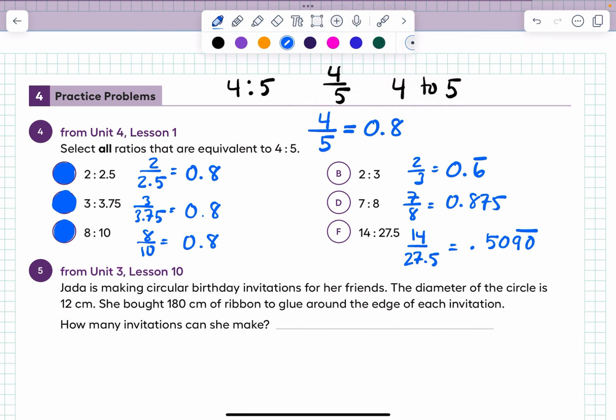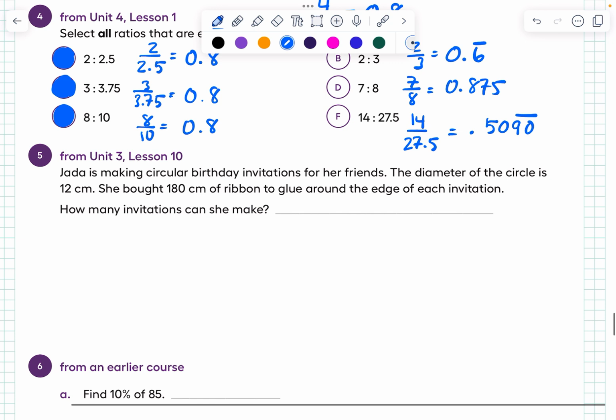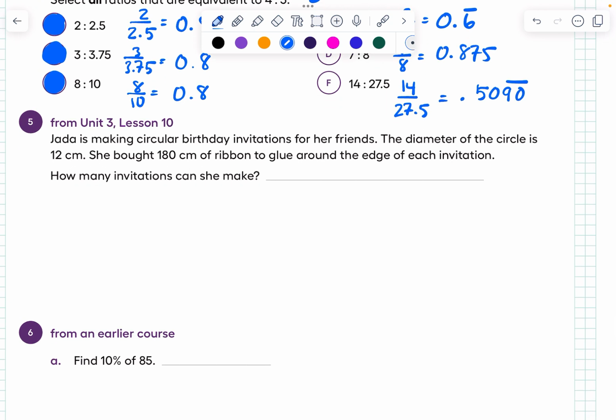Okie dokie. All right, number 5. It says Jada is making circular birthday invitations for her friends. The diameter of the circle is 12 centimeters. Hold on, this is very important. Diameter is 12 centimeters. She bought 180 centimeters of ribbon to glue around the edge.